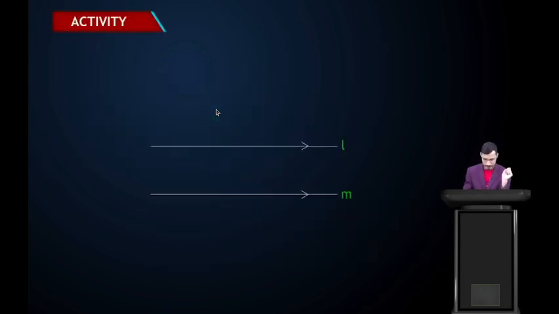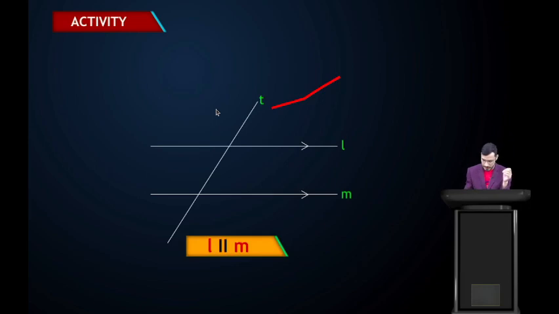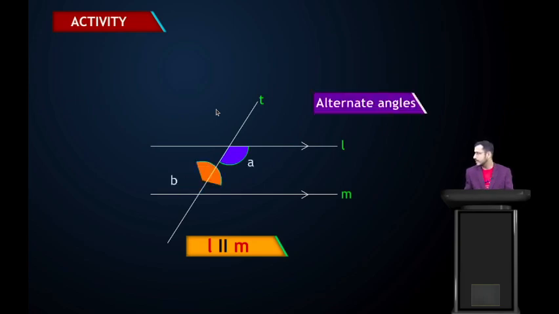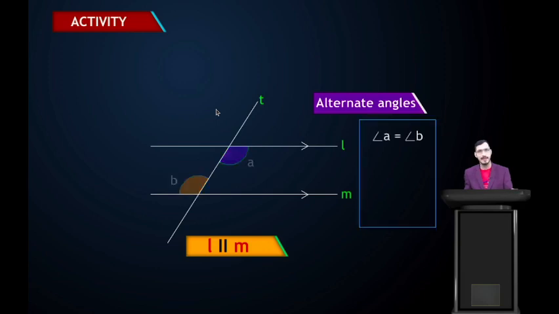Now here is one more activity. L and M are both parallel lines, and you can see transversal line T here. You can see angle A and angle B, alternate angles, and both are equal. Similarly, angle C and angle D are equal.